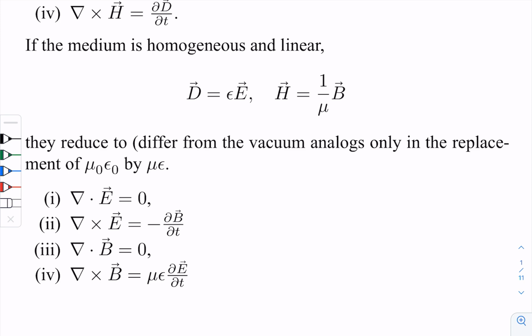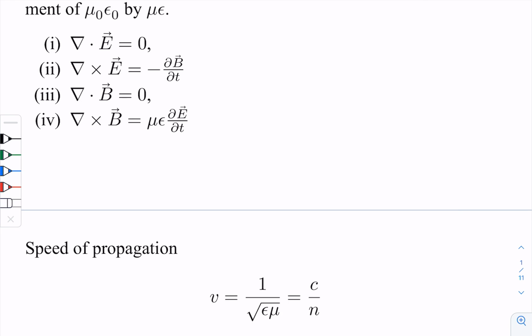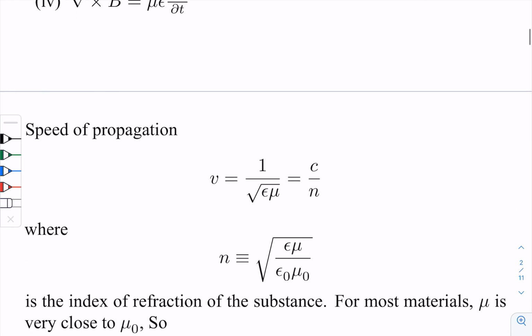So you see that in the medium, the wave equation also applies, and the velocity of propagation is slightly different, which is not the speed of light, but the speed of light divided by an index of refraction. And this index of refraction is simply defined by the ratio of the speed of light to the speed of propagation.